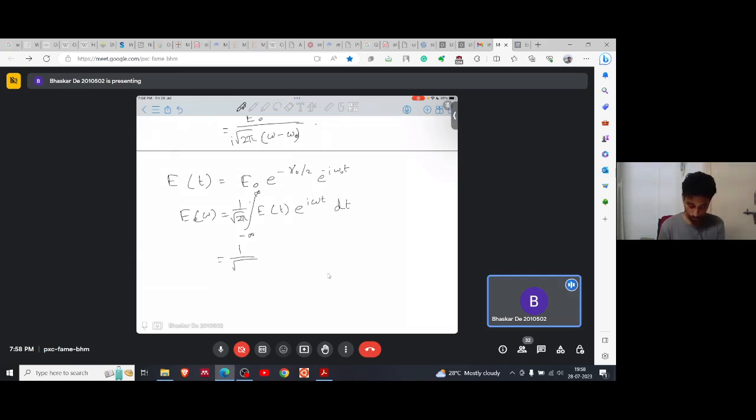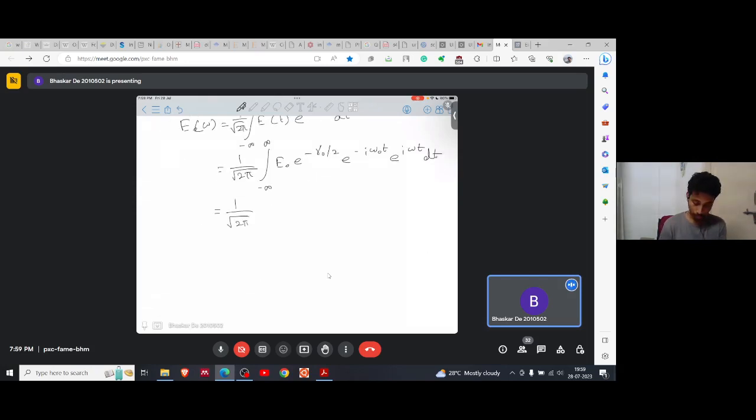This is going to be an integral from 0 to infinity of e to the power i (omega minus omega naught) t plus i gamma naught by 2 t dt.